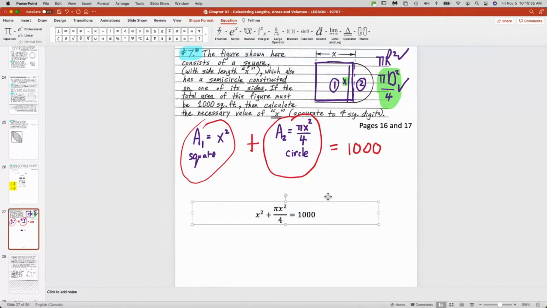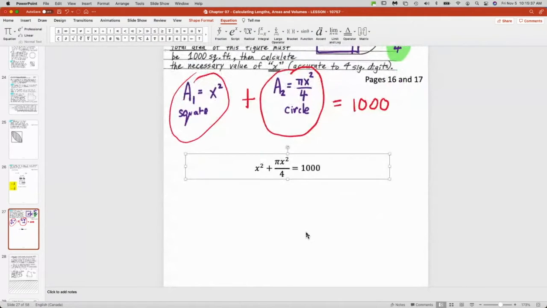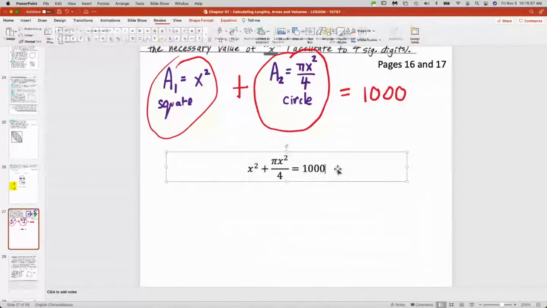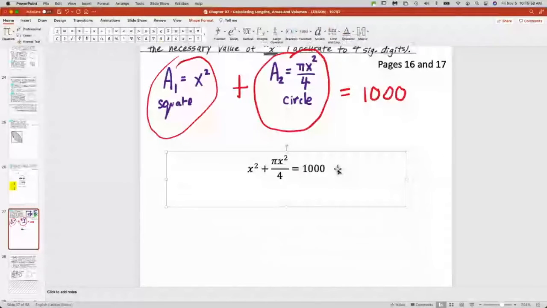I know that some of you are kind of worried when you see pi and things like that. But how about this? Pi and 4 are just numbers on your calculator. So just type pi divided by 4. I'll do the same. So pi divided by 4 is going to be a decimal, and I'll write that decimal in here. I'm being very patient with this process.